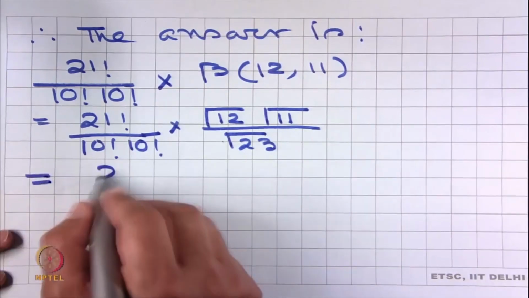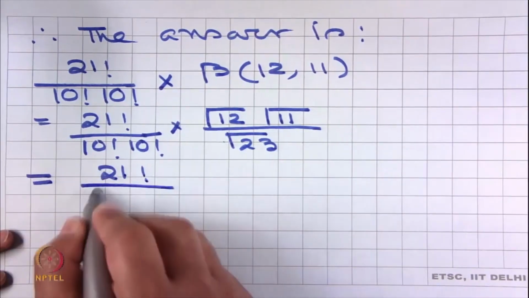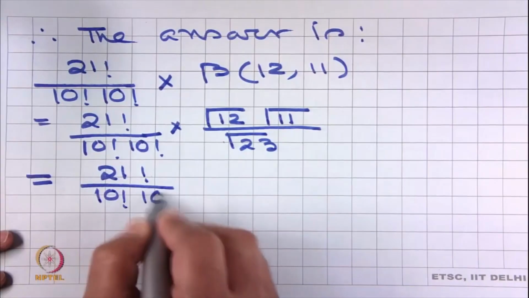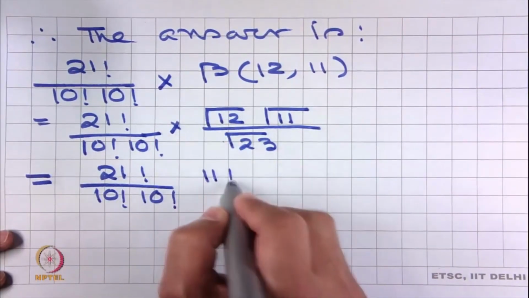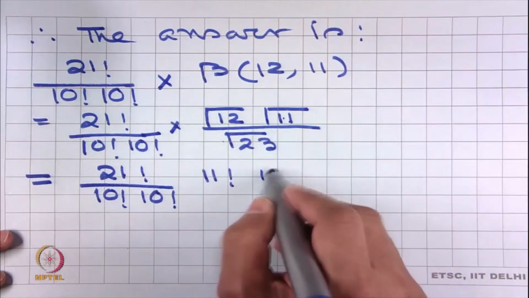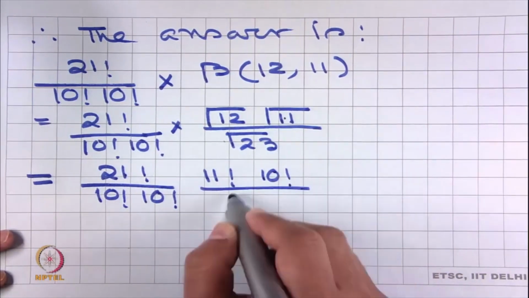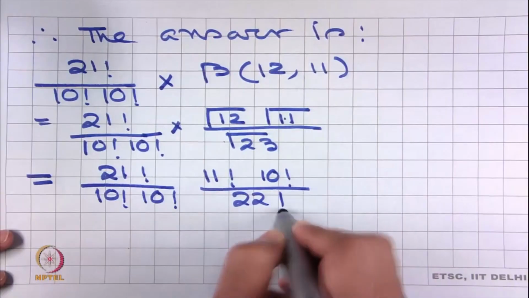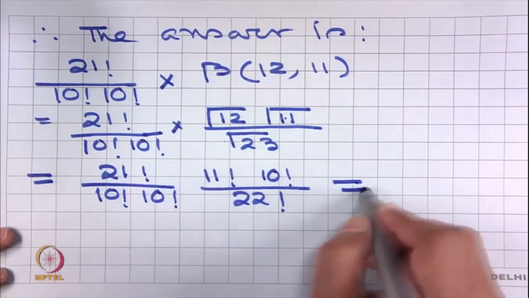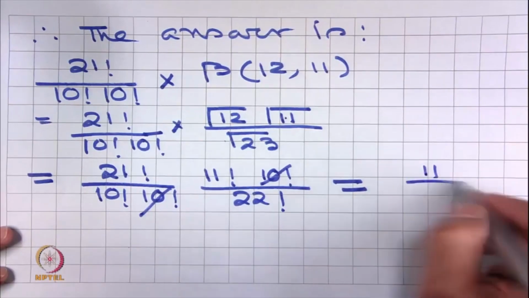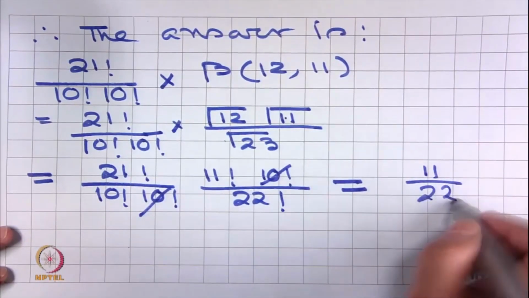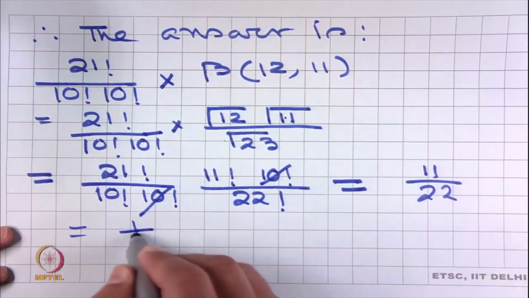So, we can write it as 21 factorial upon 10 factorial, 10 factorial, into 11 factorial, 10 factorial, upon 22 factorial, which is equal to 11 upon 22, which is half.